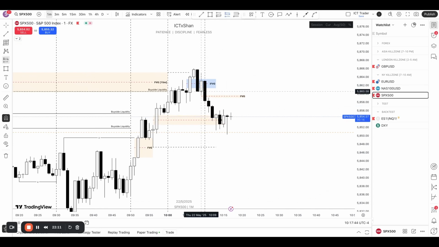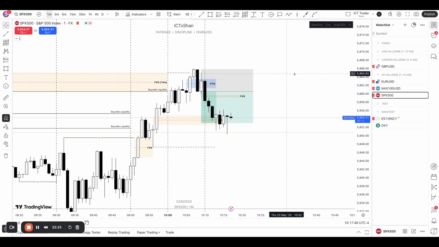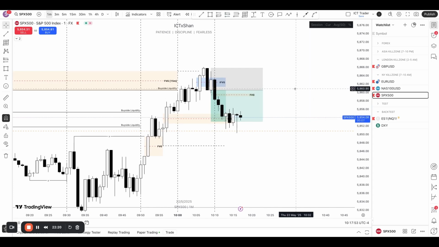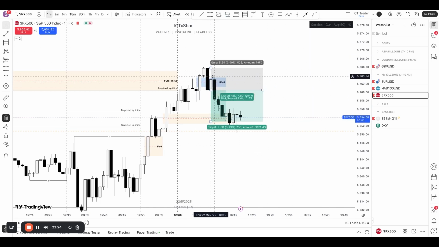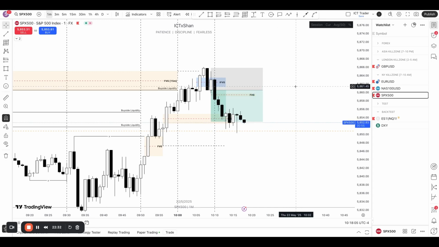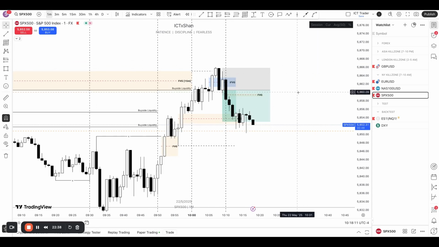Actually, my entry will be somewhere here, after this candle. Most of the time with this setup, although I used to trade different setups, I enter after this. Whenever it hits any sweep of the high time frame, I'll try to enter after that.